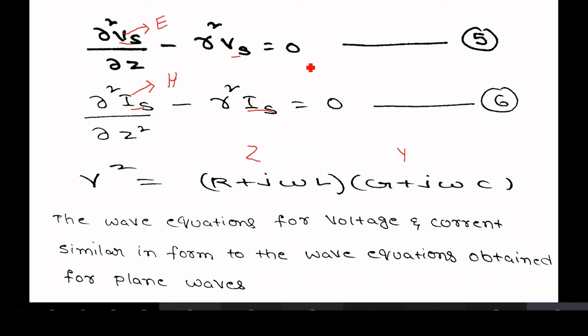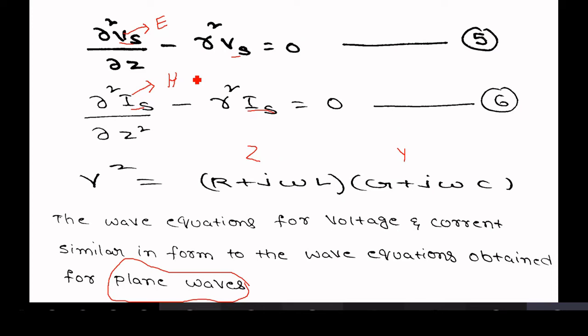So these equations we have derived for the transmission lines are called wave equations for the transmission lines, whereas those we derived in the first unit are called wave equations for the plane waves. Both have a similar form. The only difference is that for the plane waves we have the electric field in place of voltage and the magnetic field intensity in place of current.